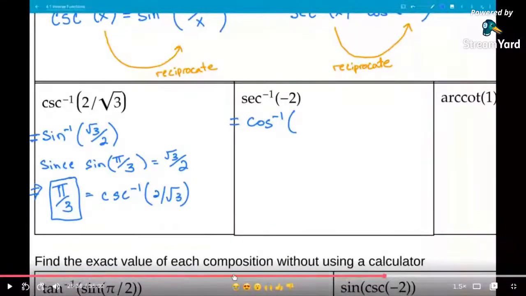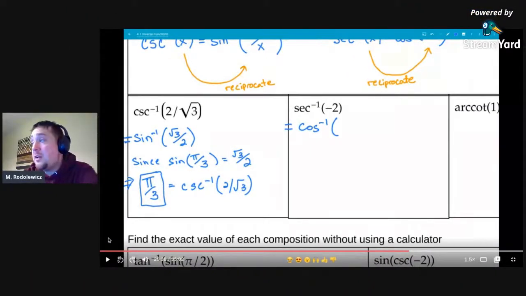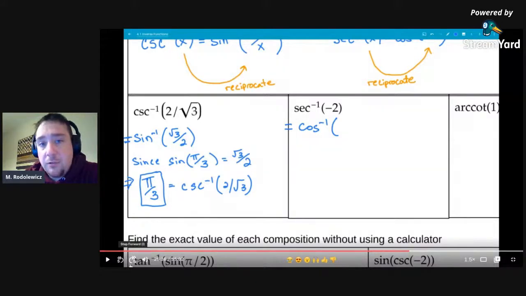Again, my first step here is to rewrite the inverse of secant as the inverse of cosine, but I need to reciprocate the inside value of negative 2 to negative 1/2.